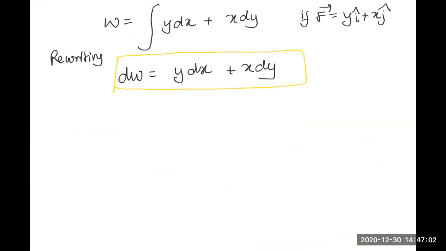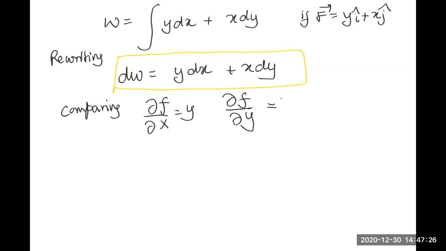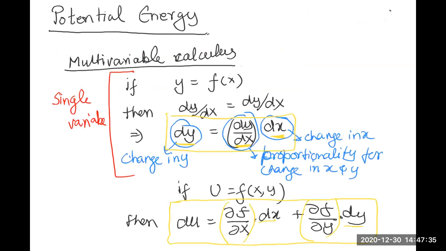And if I were to just extrapolate, then I would get del f by del x is equal to y, right? Comparing with the previous statement, comparing with the theorem that I've just written, and del f by del y is equal to x. Okay, comparing with this thing.